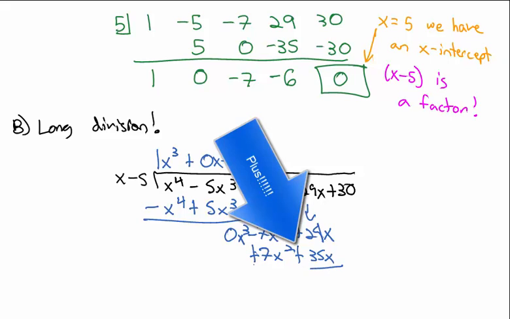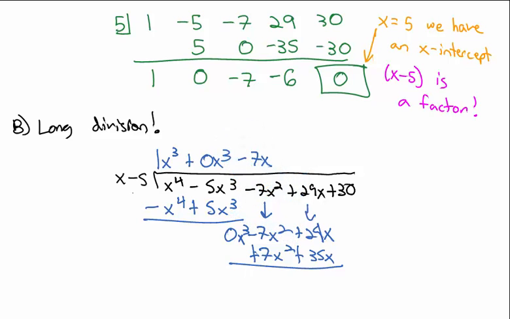Change the signs so that we can combine. Oops, I'm sorry, negative 7 times negative 5 should have been a positive 35. So when we change the sign, we get 29 minus 35x, which is negative 6x. Bring down the plus 30. X goes into negative 6x, negative 6 times. So we've got negative 6x plus 30. Change the signs, and we get 0.